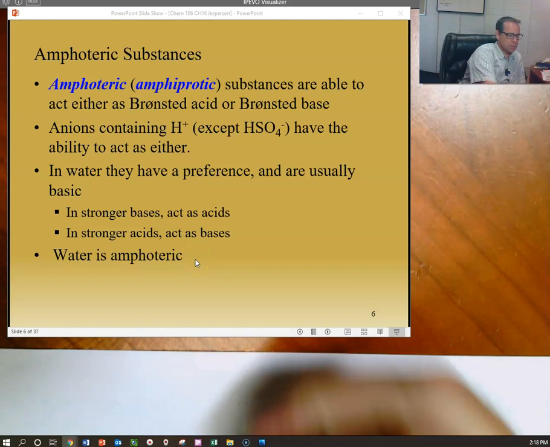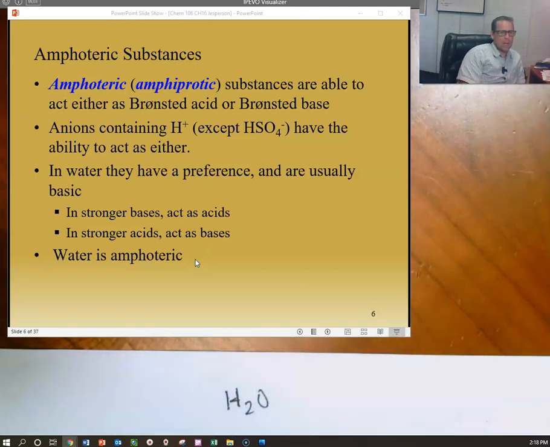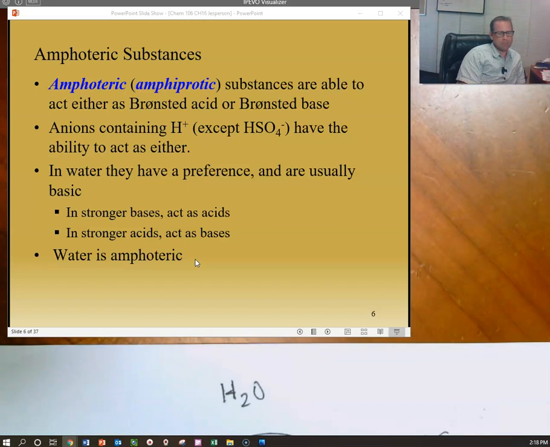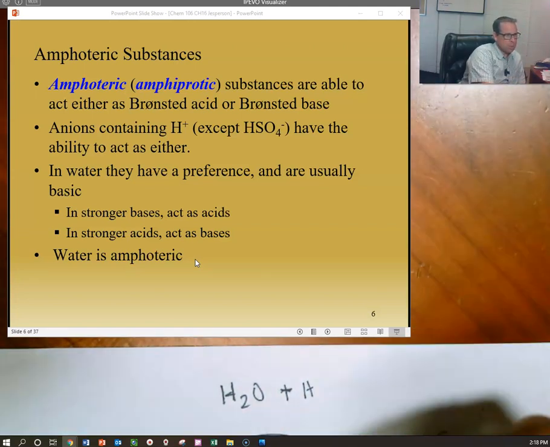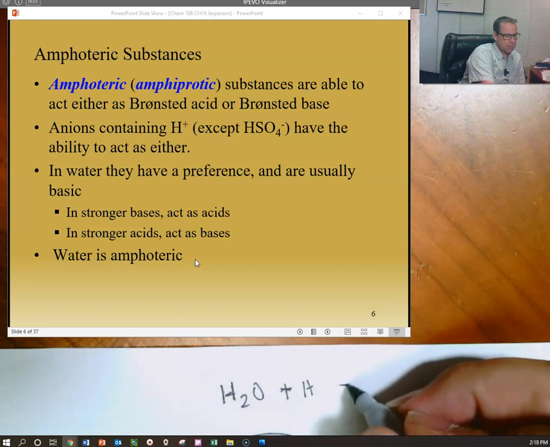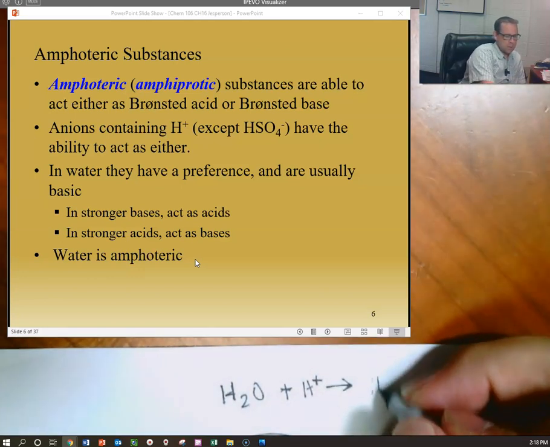We introduced this word because a very important chemical, water, is amphoteric. So here's water by itself. You probably have already realized this, but never thought much of it. I can add a hydrogen to water. What's the product there, Brielle? H3O plus, that's right.